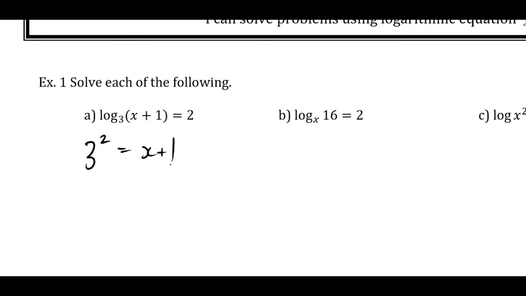So base 3 to the 2. If you know the base, that's not x, and you know the exponent, that's not x, that's probably the safest way to solve this. It becomes easy, but when you start to mix it up with the other types, it can get a little trickier. So this is 9 minus 1 equals x, and x equals 8. Easy, straightforward.